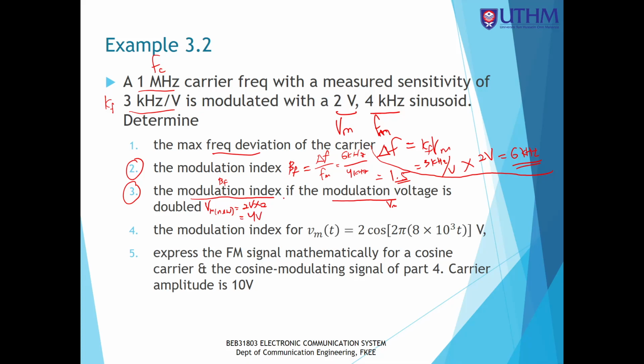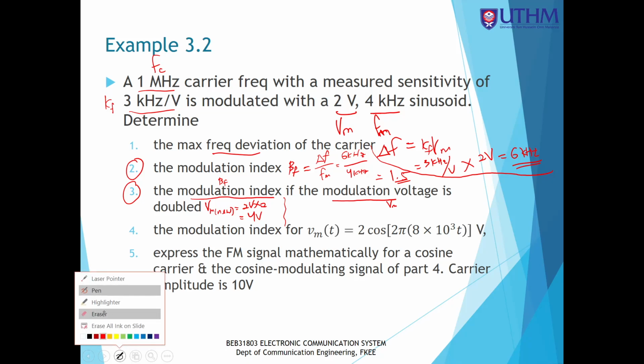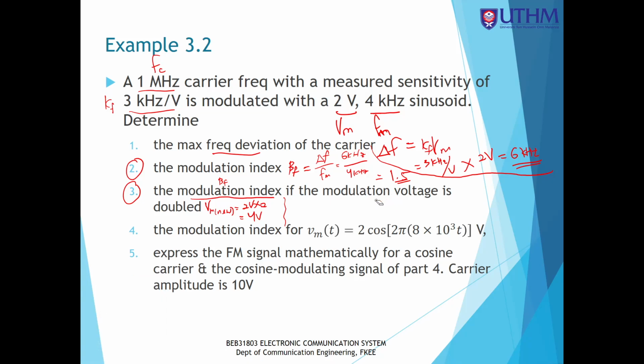Therefore, beta f is equal to kf Vm over Fm.